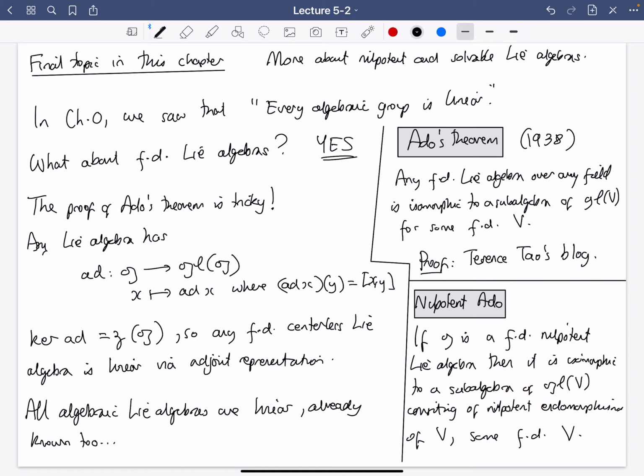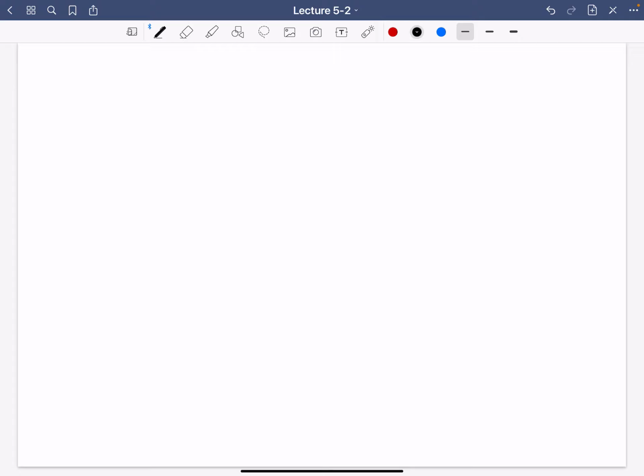Okay, so I'm not proving those things. In fact, we're not actually going to need to use either of those theorems in any significant way in anything that we're doing. But I do want to prove two much more classical theorems.